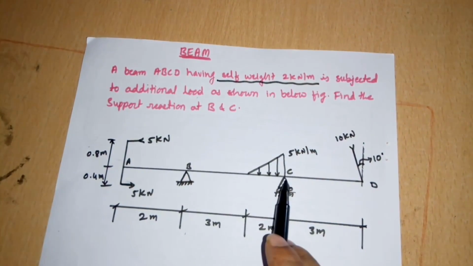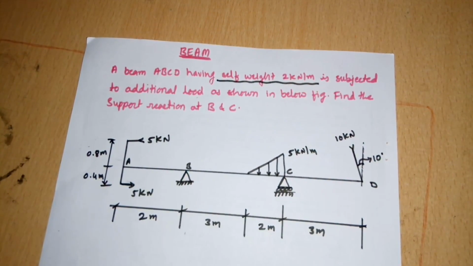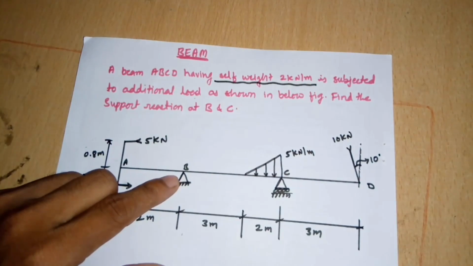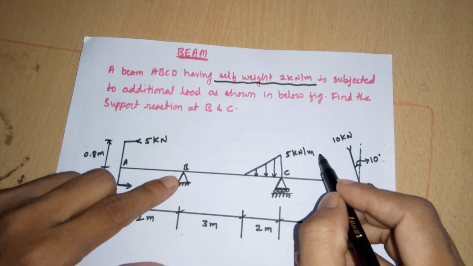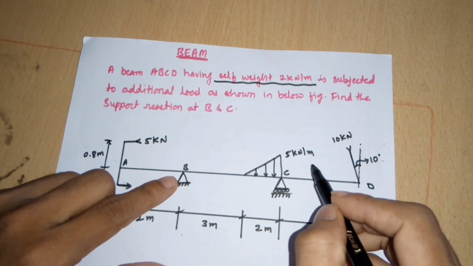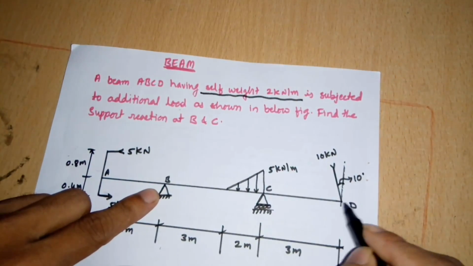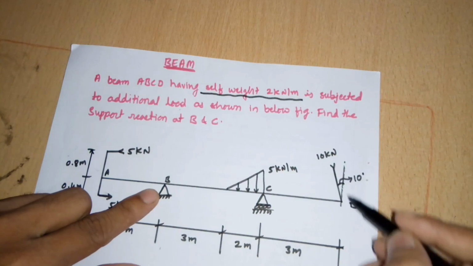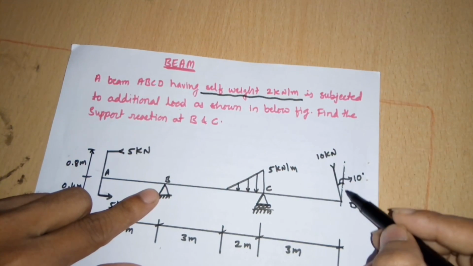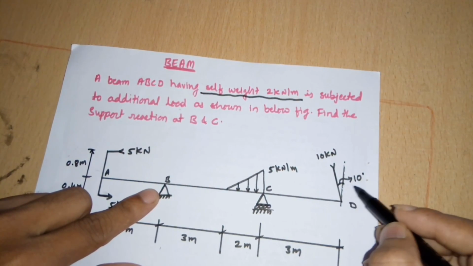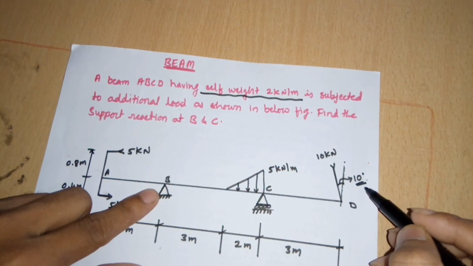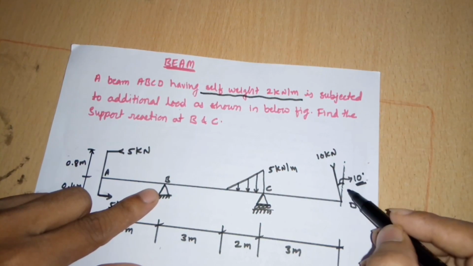And nearer to the roller support, the span B to C is loaded by 5 kilonewton per meter, and that is UVL. And at the right hand side the beam is subjected to a 10 kilonewton, which is acting at an angle of 10 degree with the vertical axis.